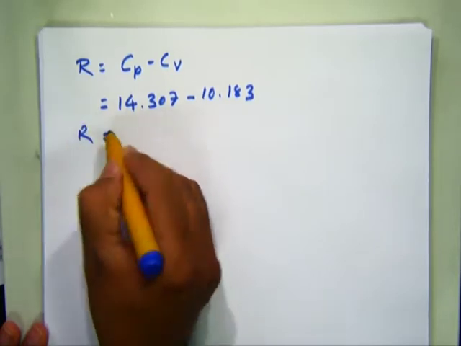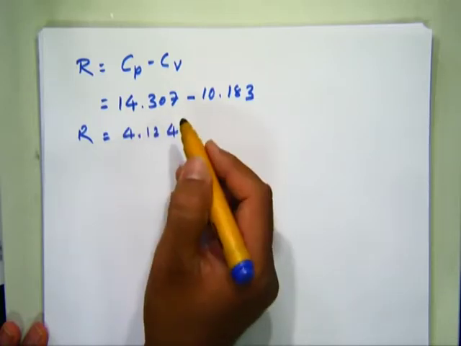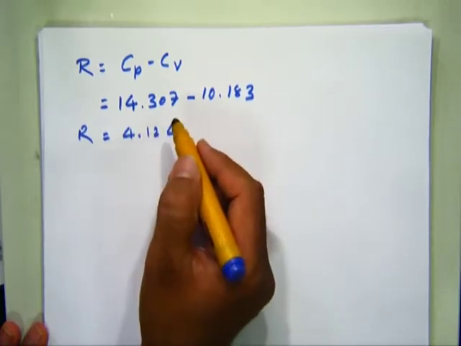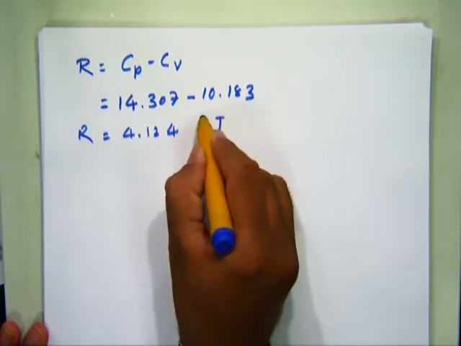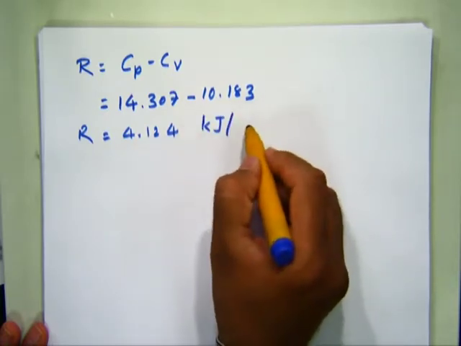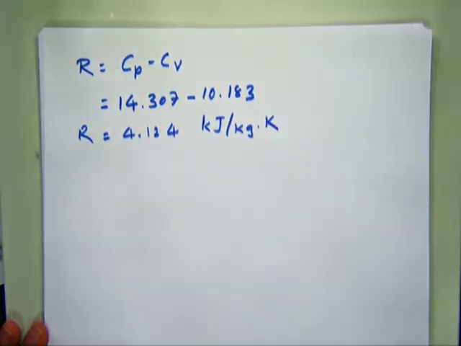This gives you R is equal to 4.124 kilojoule per kg Kelvin.